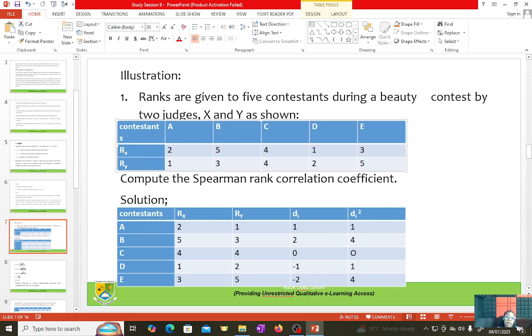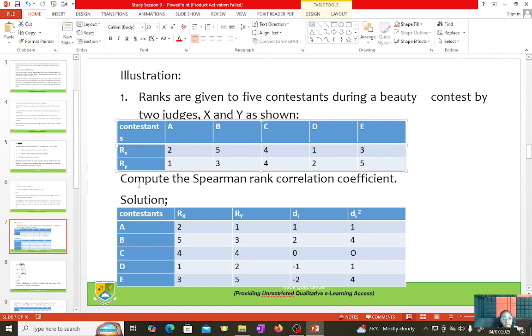As you can see, this wasn't labeled X and Y. It was labeled rank of X and rank of Y. So it means the ranking had been done from the question. There is no need to assign ranks to these numbers. The ranks are already given. So you just go ahead and look for the difference in ranks and then the square of those differences.